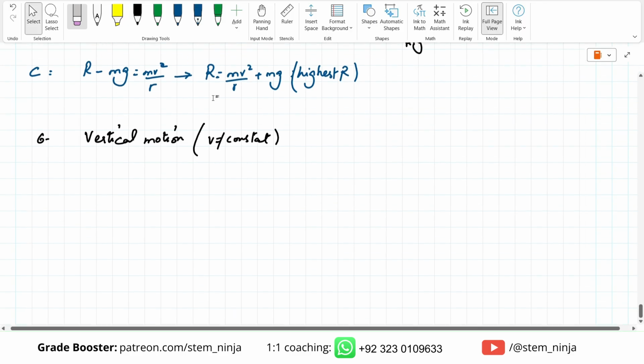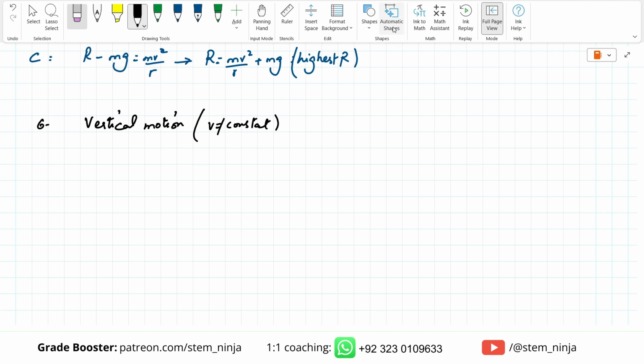So for example, this you will find in past papers also, that you are providing an initial speed, some speed over here. Let's call it u over here.